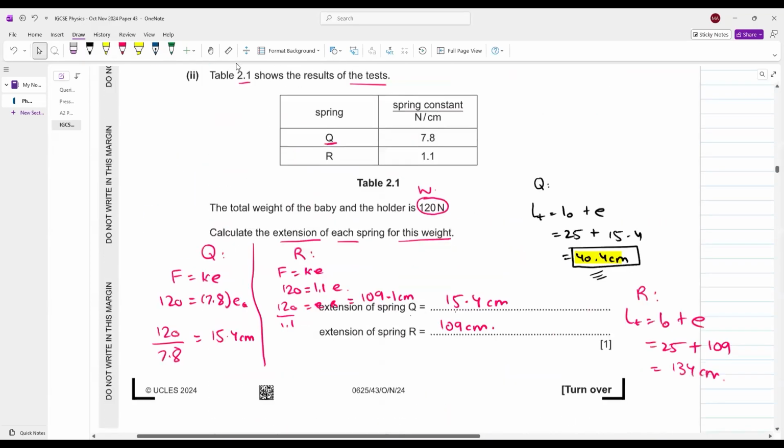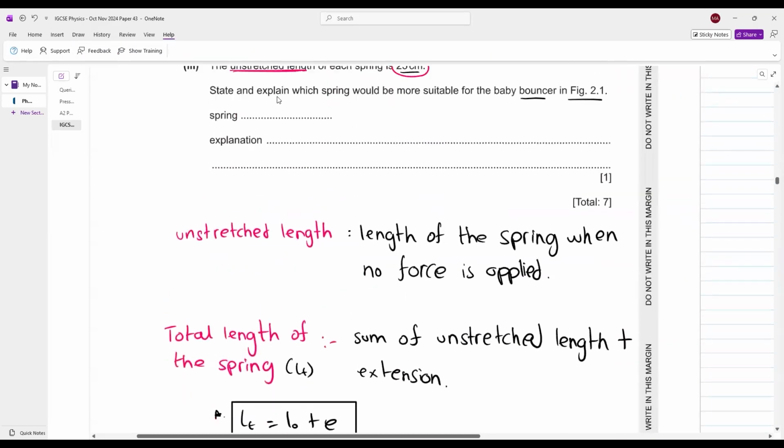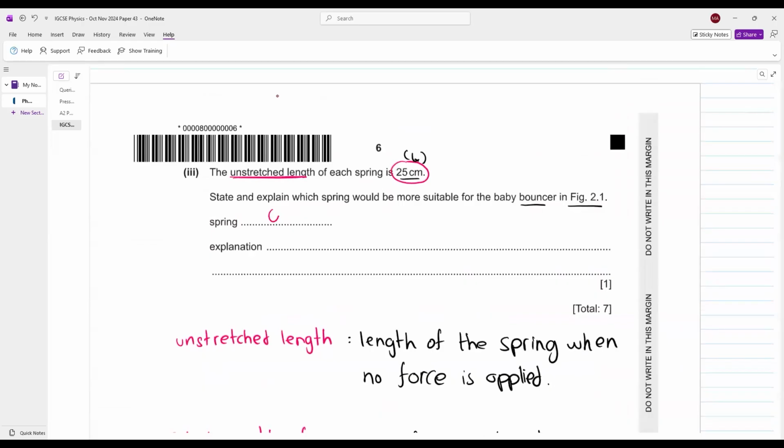You can write it here. Spring Q will be a better choice. And what is the explanation for that? Why is spring Q a better choice?